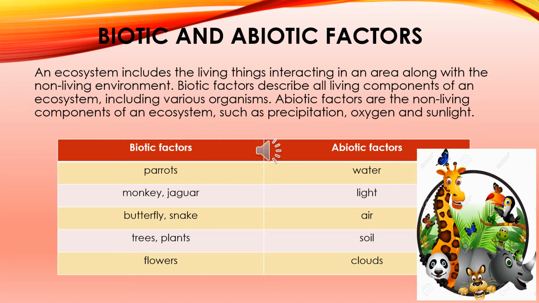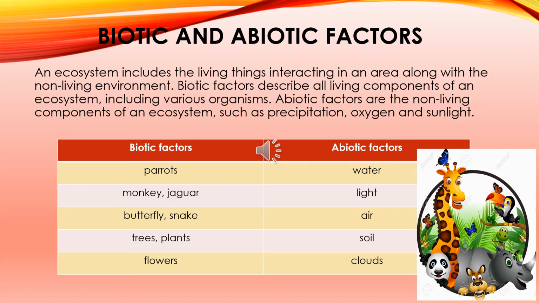Now let's move to the next column. It's abiotic factors. You have water, you have light, you have air, soil, clouds, precipitation, oxygen, and sunlight. Do you notice the difference between the examples? Okay, water is no living thing because it cannot breathe, it cannot eat, it cannot grow.